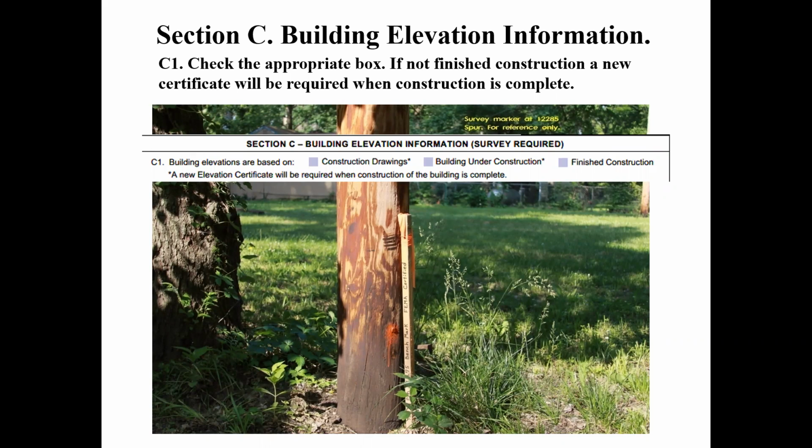And of course, everything that we do for floodplain permitting has to be based on finished construction, but it can be useful to get these other elevation certificates before the building is completed to ensure compliance and to better work with the applicants to make sure that things are done compliantly in a time frame that we can more easily fix them than if it was just the finished construction. So that is an option that you can require that type of elevation certificate.